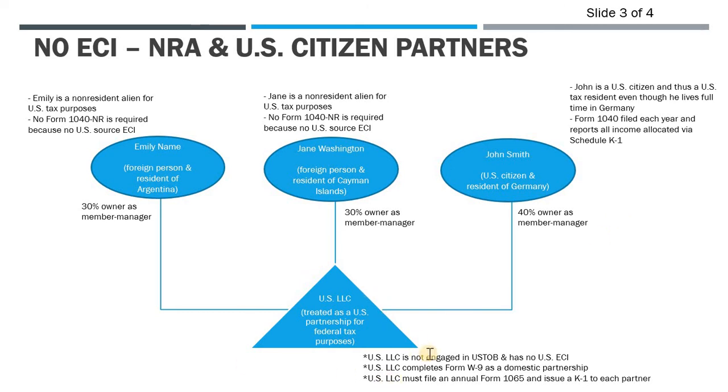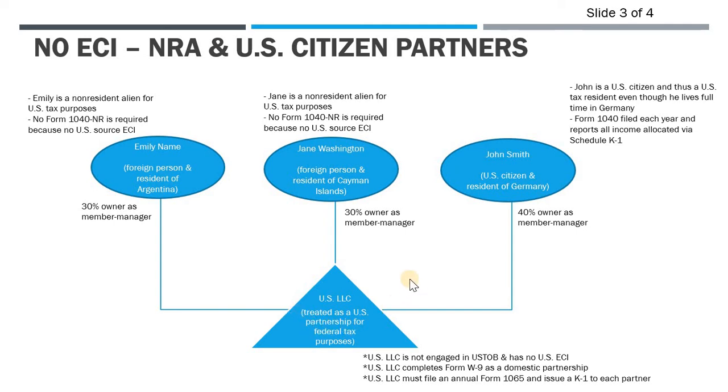So in this example, we've shown that, yes, the US LLC isn't subject to tax directly. It's providing K1s that allocate income to three partners. These two partners are getting allocated income and are not subject to any tax because there's no US TOB and no US source ECI.